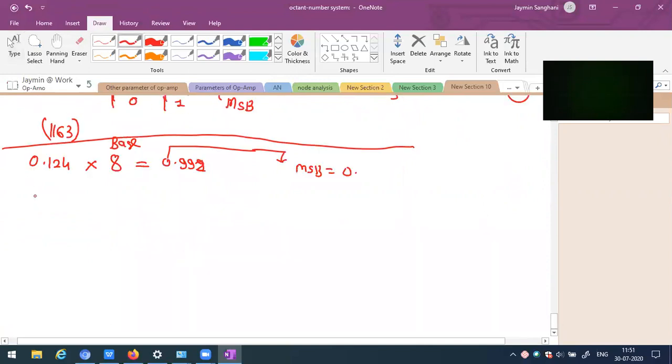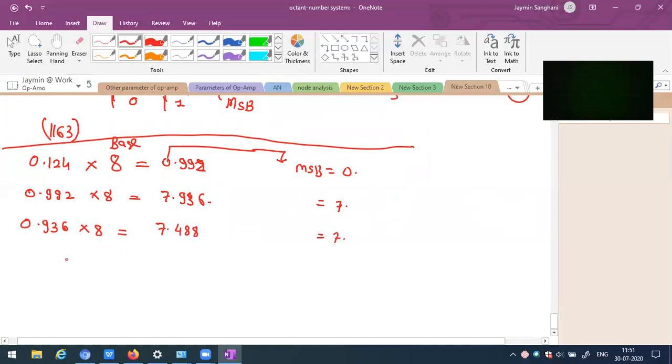Now 0.992 multiplied with 8 is 7.936. So here another is 7. So now 0.936 multiplied with 8 is 7.488.